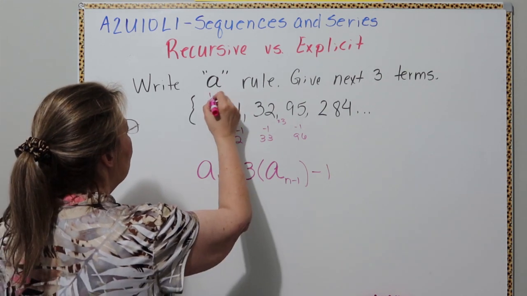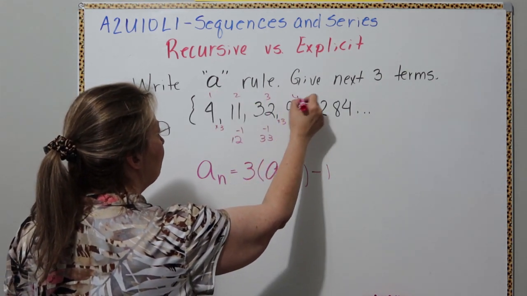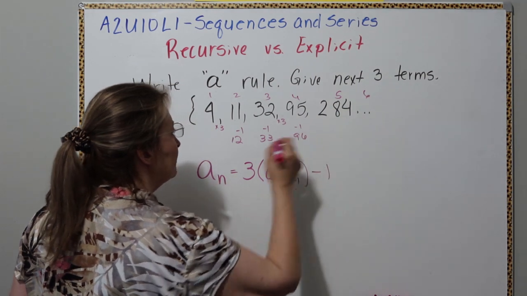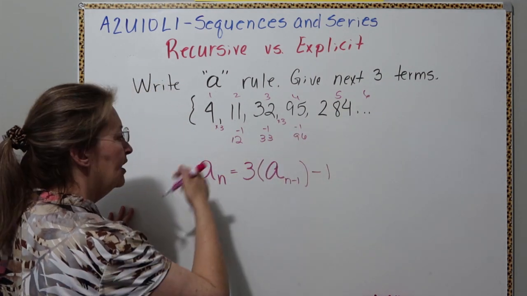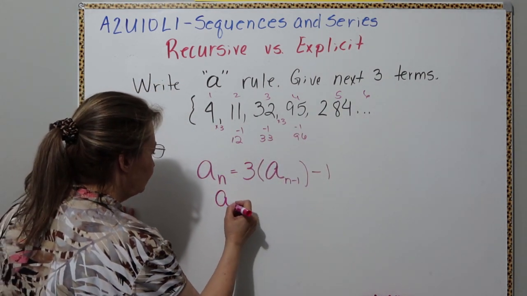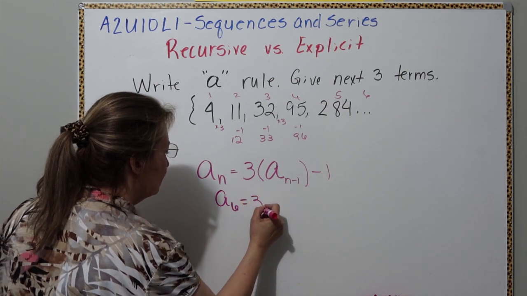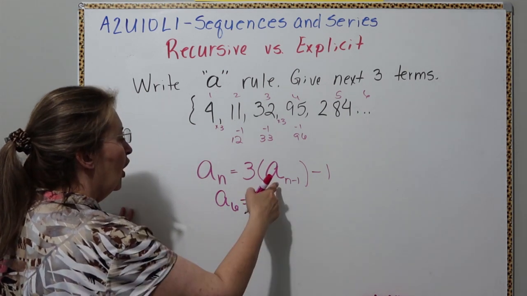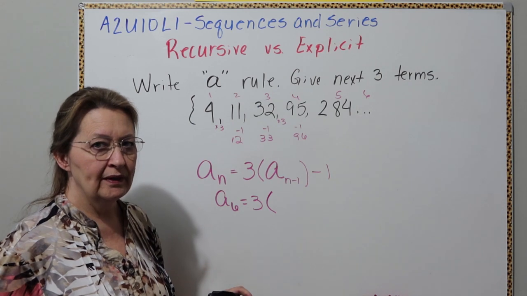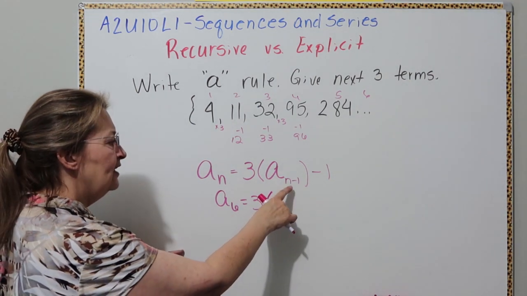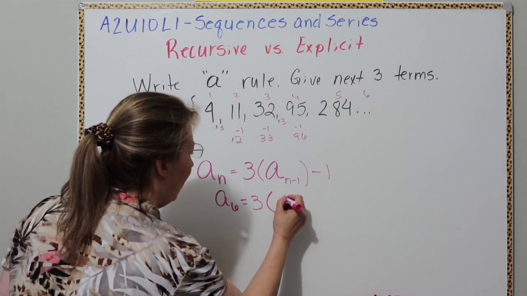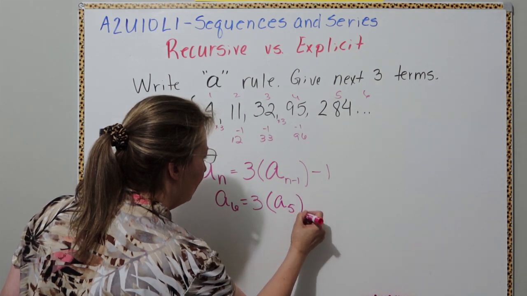Now I already know 1, 2, 3, 4, 5 terms. So let me find term number 6. Here's how you apply the rule. A6 is equal to 3 times a to the n minus 1. Here's n. So if I do 6 minus 1, I'm looking at A5, right?